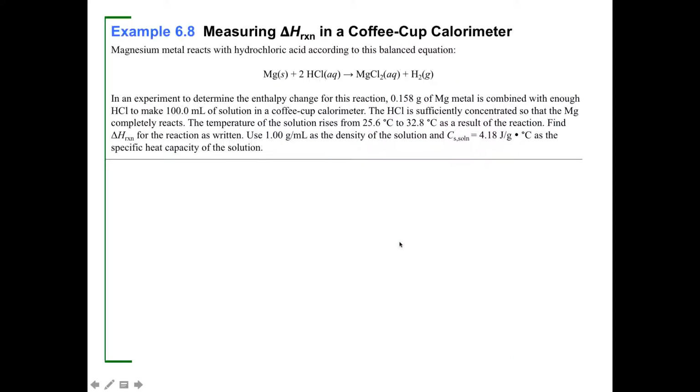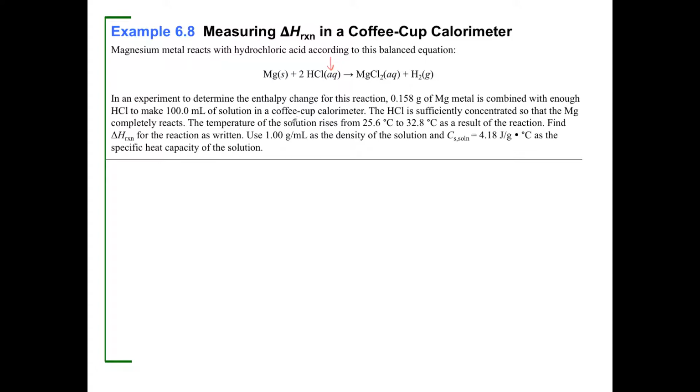Let's do an example. So magnesium metal reacts with hydrochloric acid according to the following balanced reaction. Now, here's magnesium. Here's the water. Can you see that? It's HCl, but it's mostly water, and it gives magnesium chloride plus a gas. Okay.